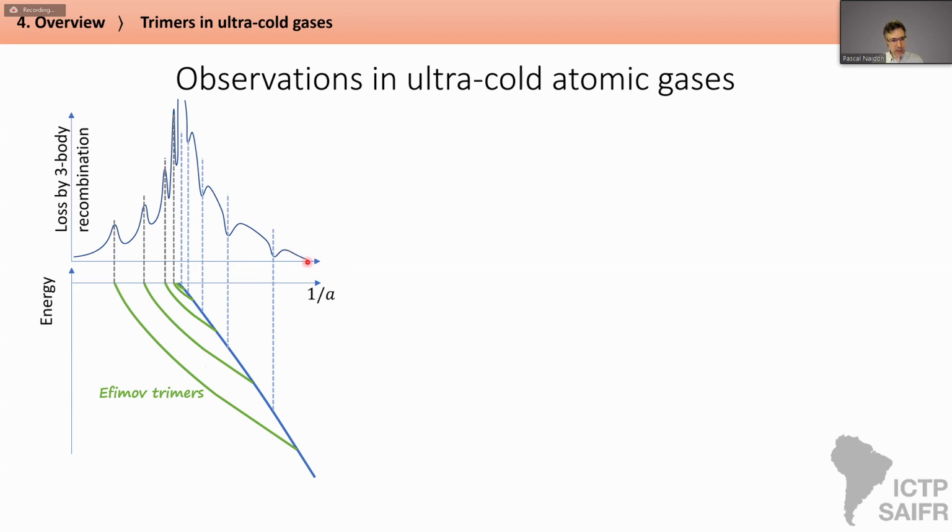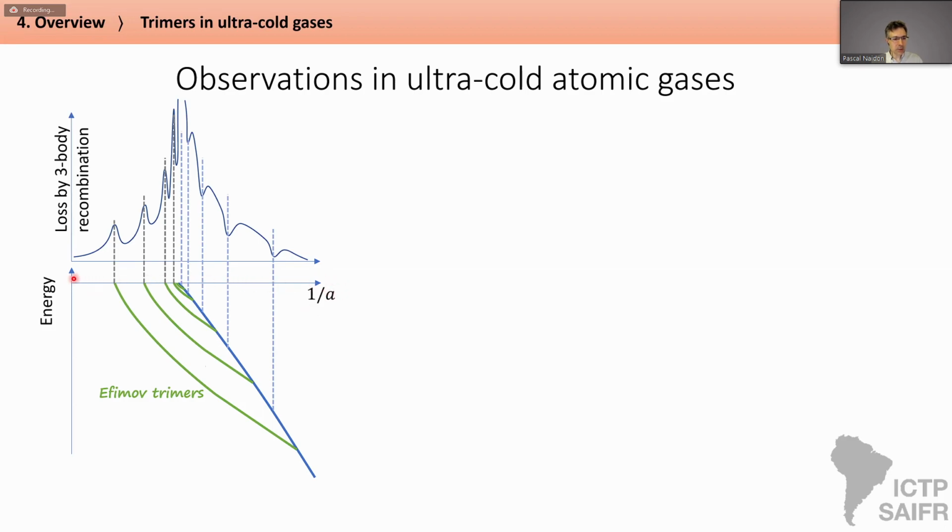And then one can characterize the strengths of these losses by looking at the decay of the number of atoms, and this decay will behave differently depending on the value of the scattering length between the atoms.